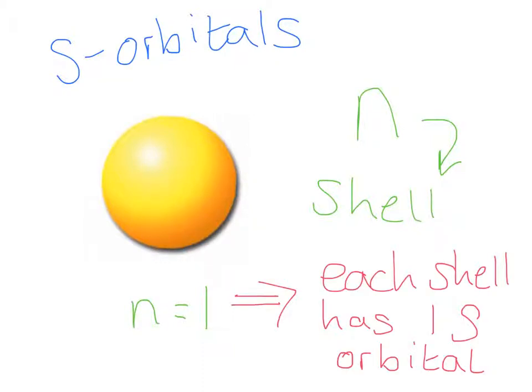This gives a total of 1 times 2, i.e. 2 electrons in each shell. So remember, each orbital can hold 2 electrons with opposite spins. You can rewind that bit and go over it again if you're still not quite sure. It is a tricky topic to get your head around.